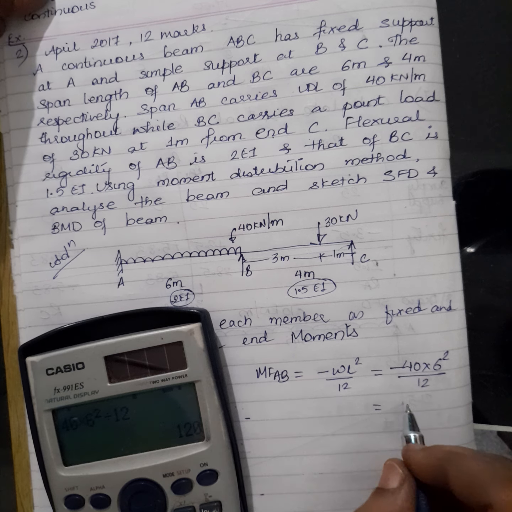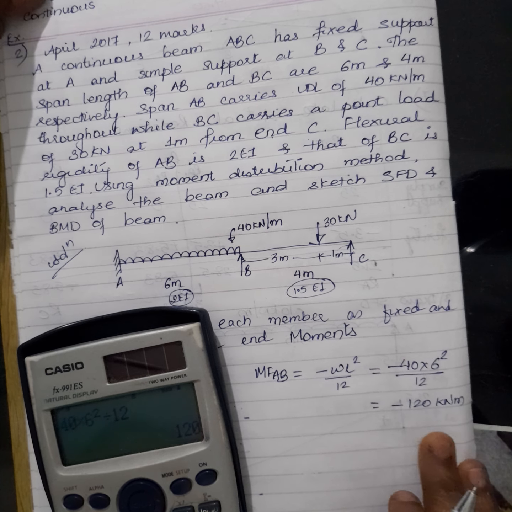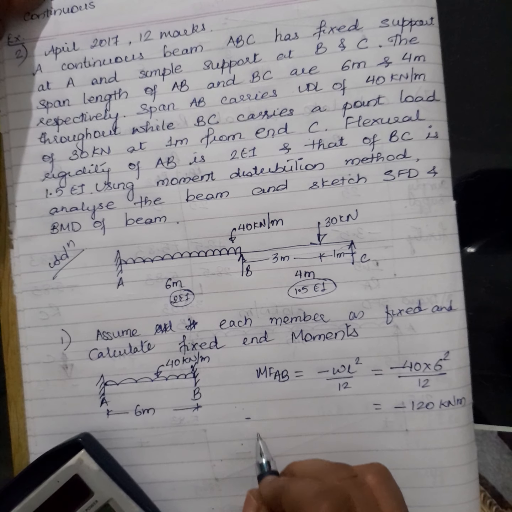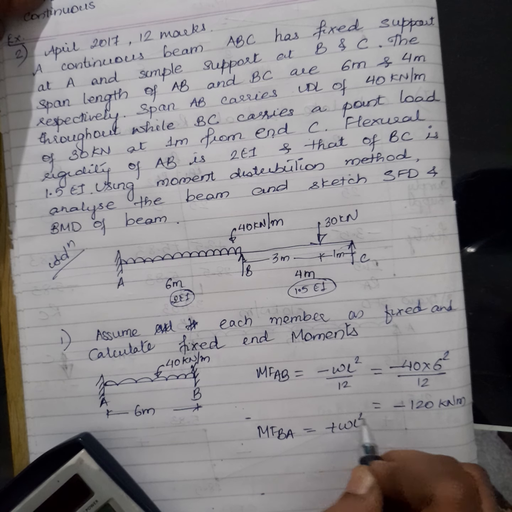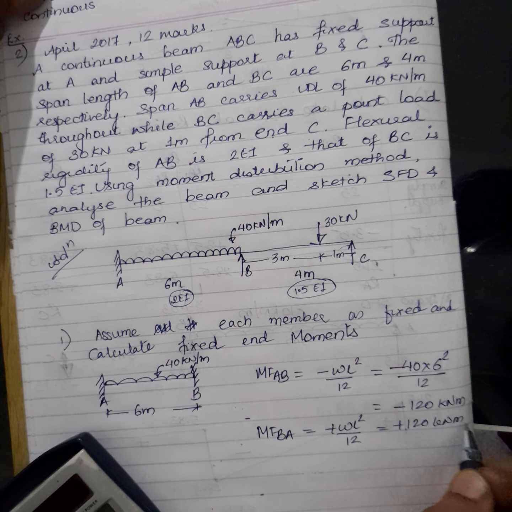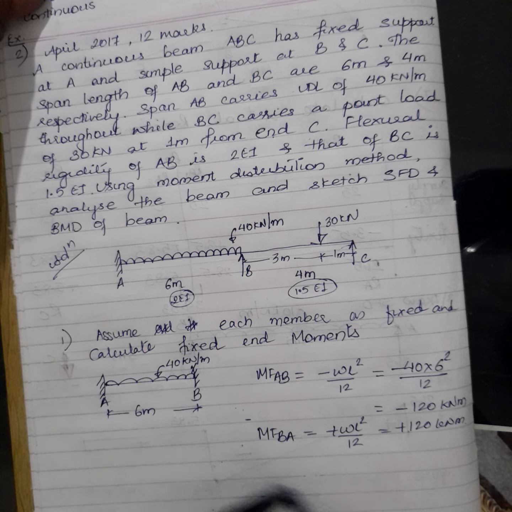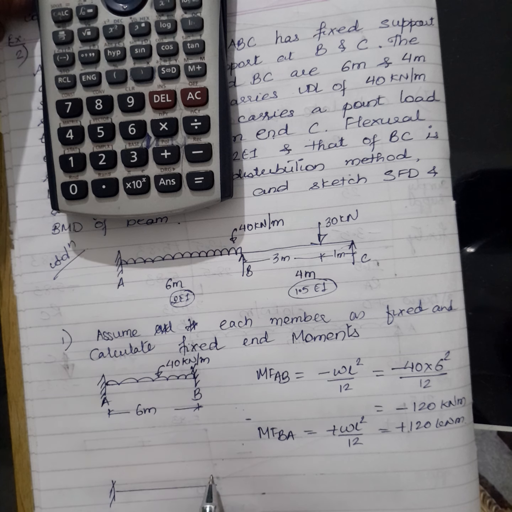So we have minus 120 kilonewton meter. Similarly, MFBA is positive WL square by 12, therefore positive 120 kilonewton meter.